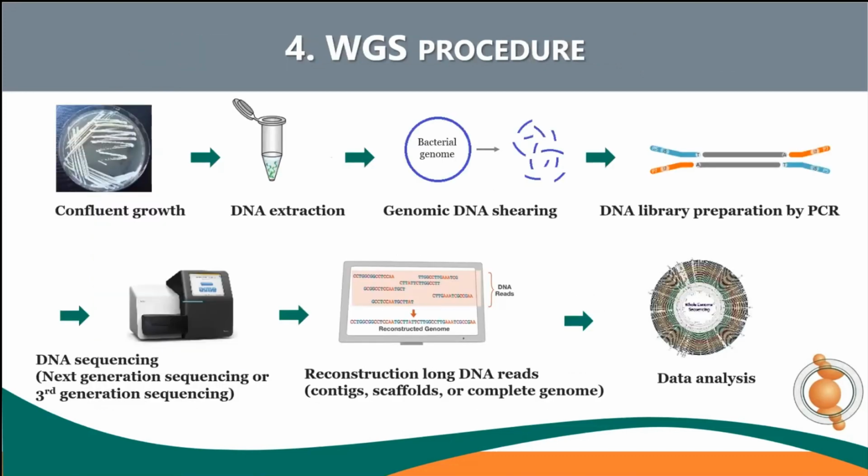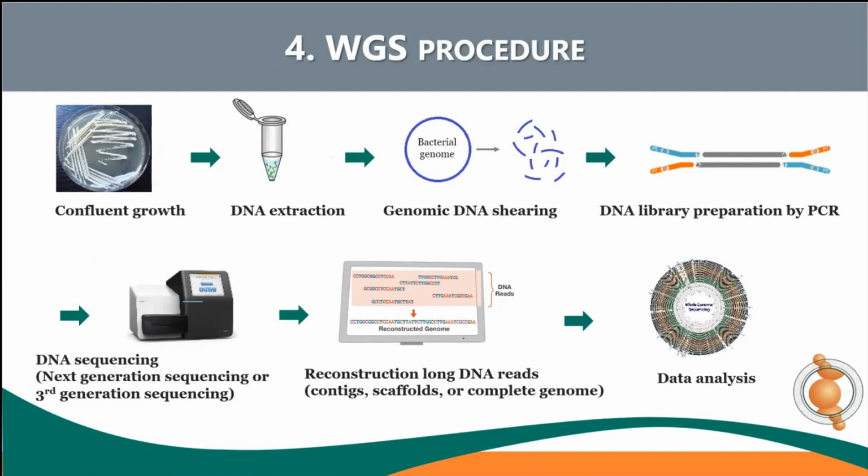Well, the whole genome sequencing procedure starts with bacterial confluent growth and then DNA extraction. Genomic DNA needs to be sheared into small DNA fragments prior to sequencing. So next, DNA library preparation is performed to mark the small DNA fragments with molecular tags.